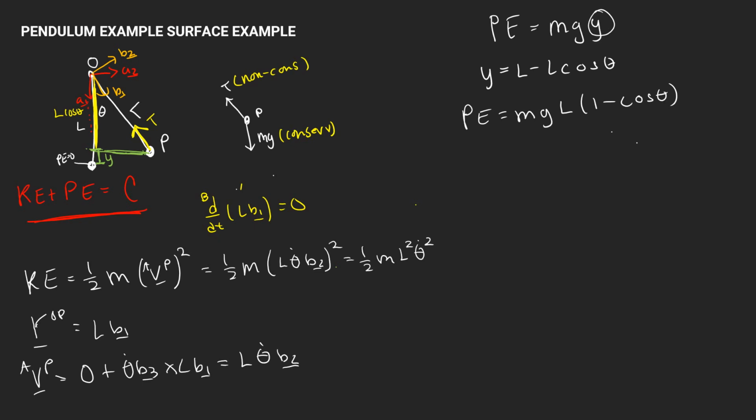Now we simply take the sum. So we have kinetic energy plus potential energy is equal to a constant. So we write 1/2 ml squared theta dot squared plus mgl times 1 minus cosine theta equals a constant.